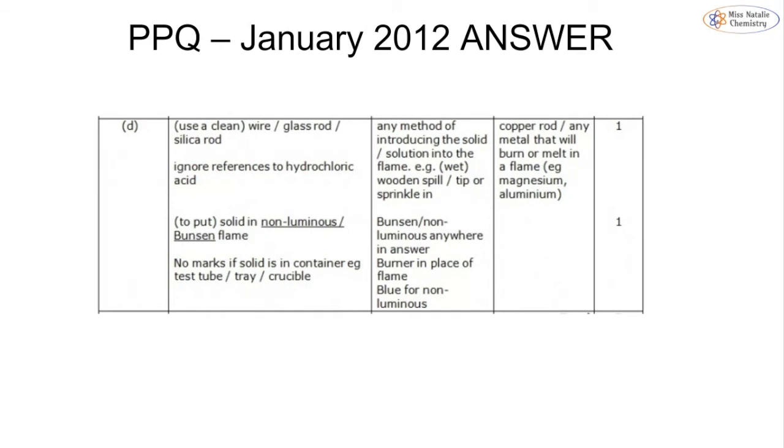So we can see that we get the mark for our wire or our glass or our silica rod, in this case ignoring the references to hydrochloric acid, and then we have our non-luminous or blue Bunsen flame for the 2nd mark. That's everything on chemical tests for the IGCSE chemistry course.